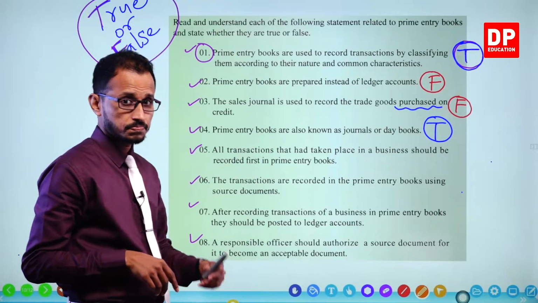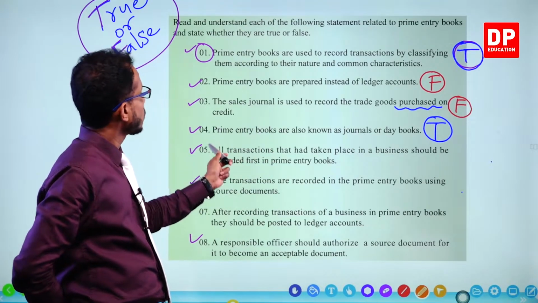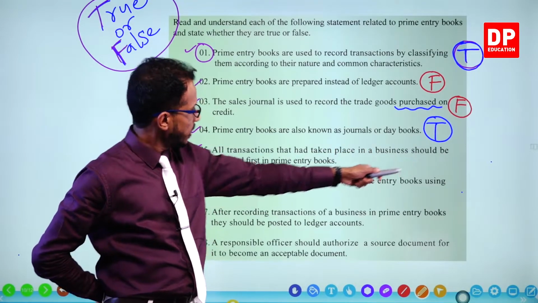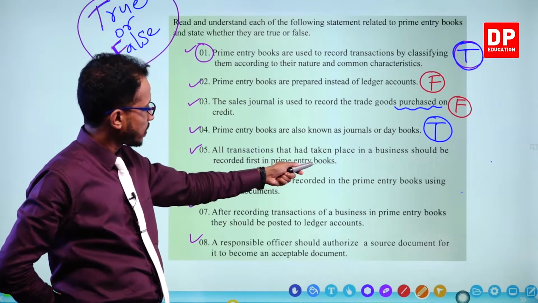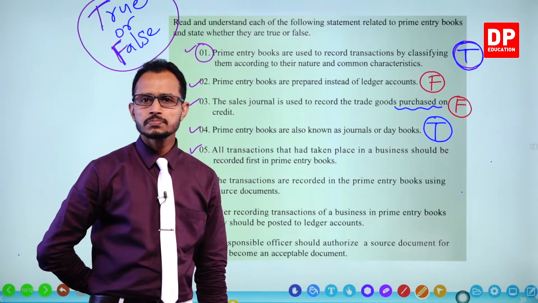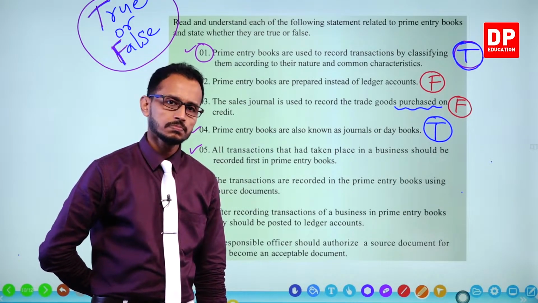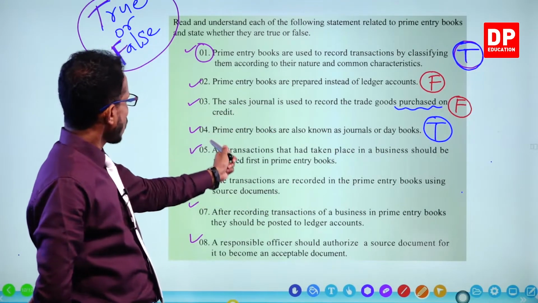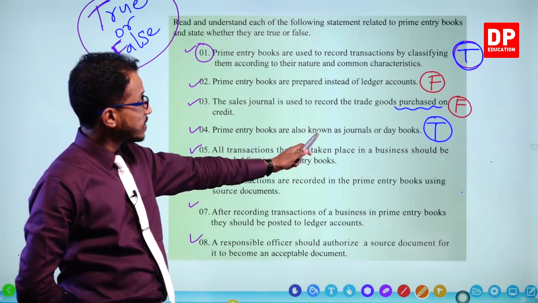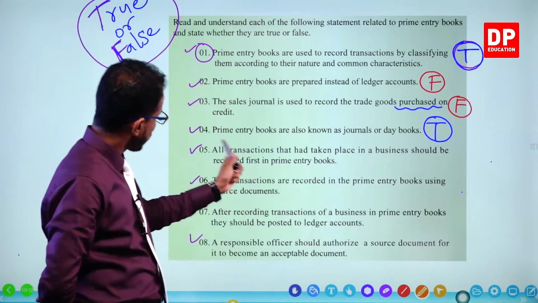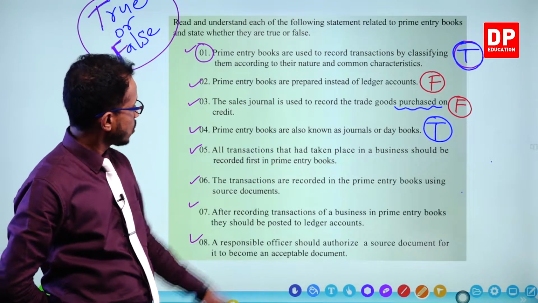The next one, I'm not going to answer. You're going to answer. Let's see. All transactions that had taken place in a business should be recorded first in prime entry books. What do you say? Let's look at it again. All transactions that had taken place in a business should be recorded first in prime entry books.